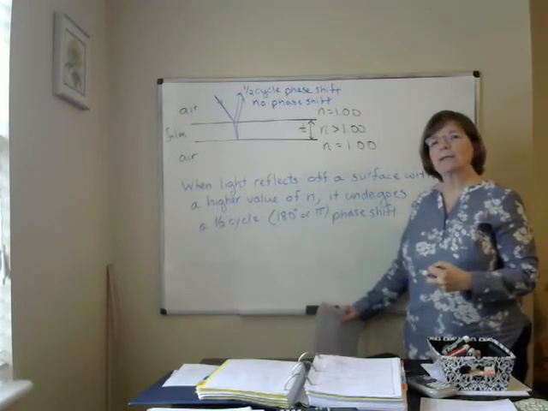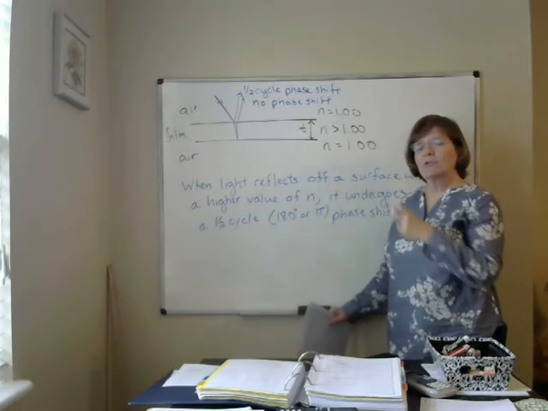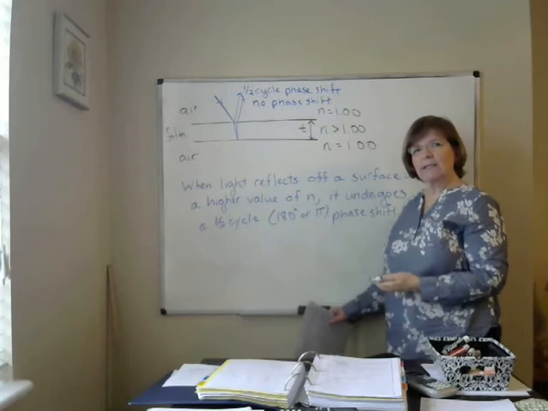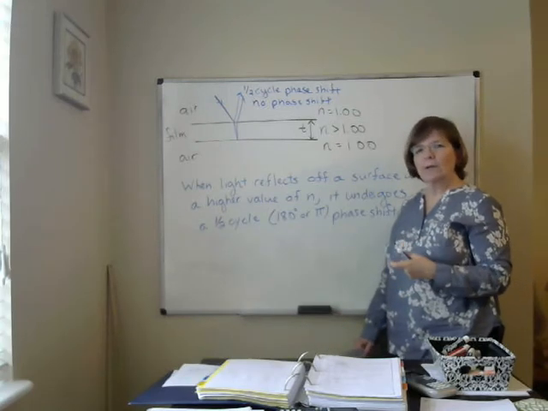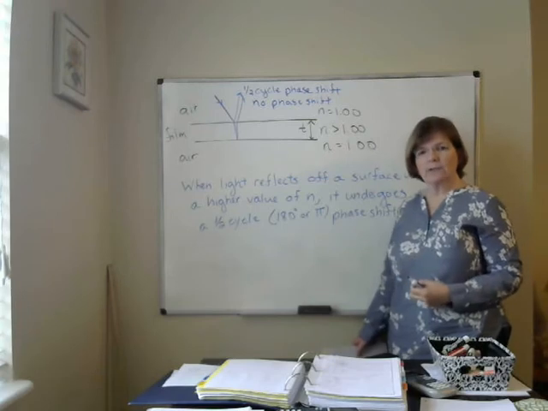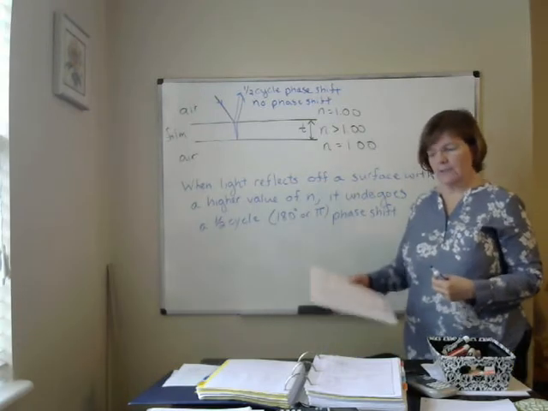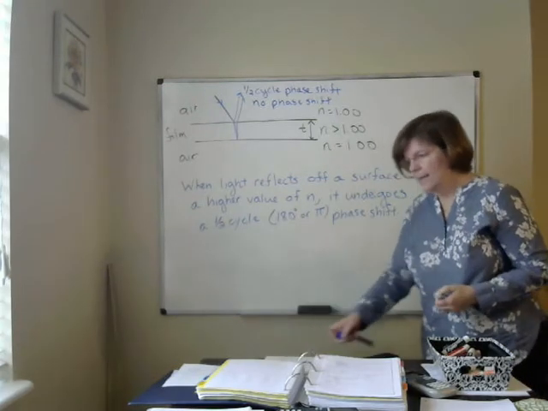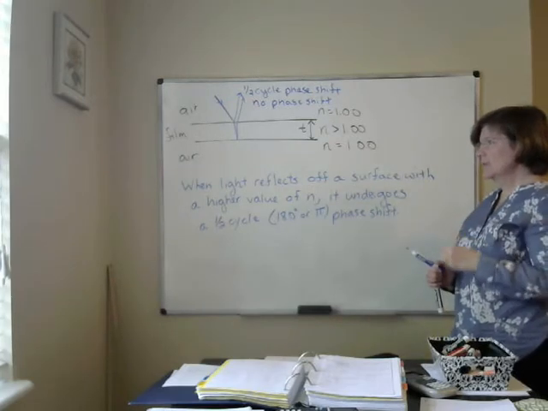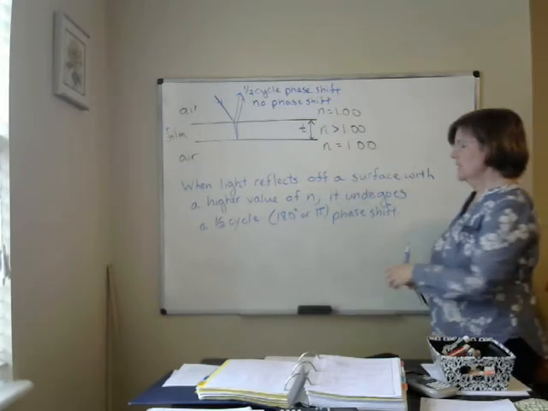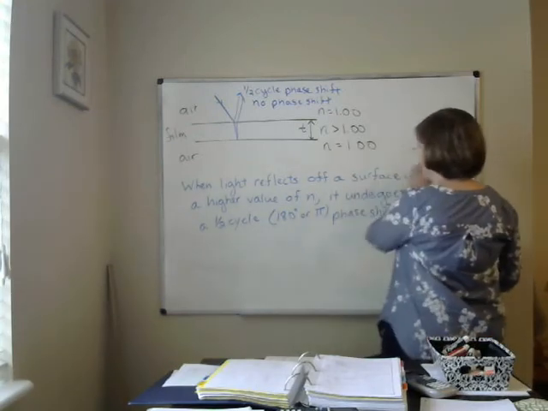It's probably pretty typical that if we start with air, which always has n equal 1, chances are we're going to either get a phase shift at one of the surfaces or possibly a phase shift at both of the surfaces. So what does that mean in terms of constructive or destructive interference? Okay, well, let's think about this.